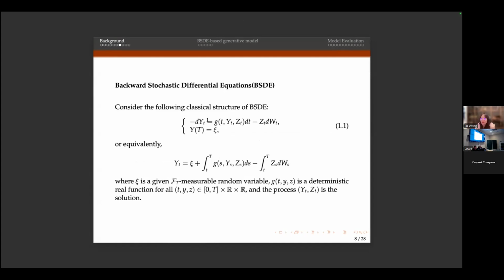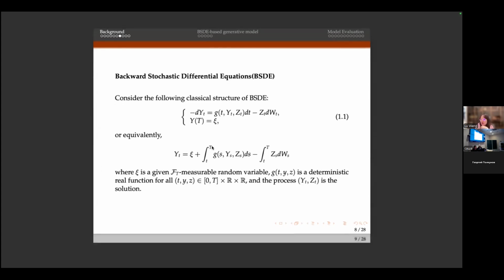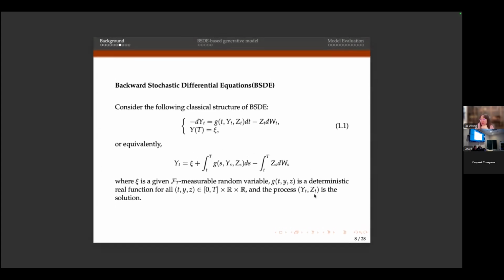It is driven by a function g and also Z_t. We call g the generator, and we also have a given terminal condition at capital T. So Y_t and Z_t are the solution of these equations. That is the difference from the stochastic differential equation, which is forward in time.